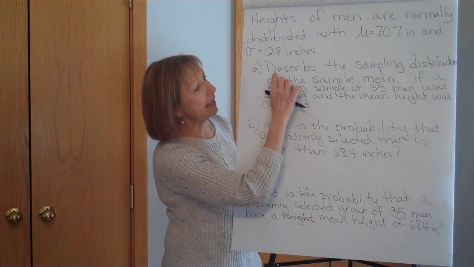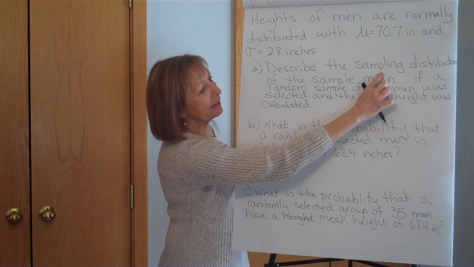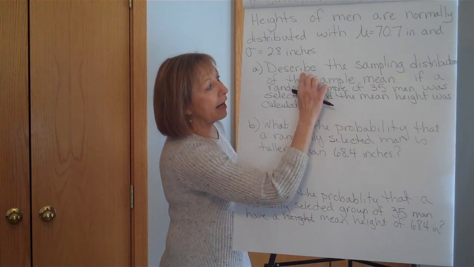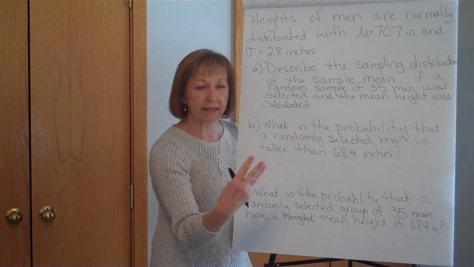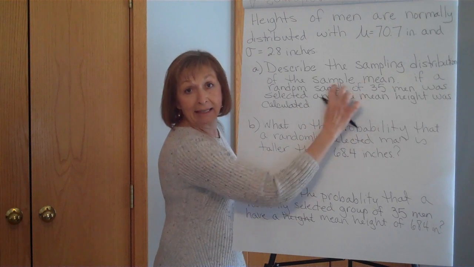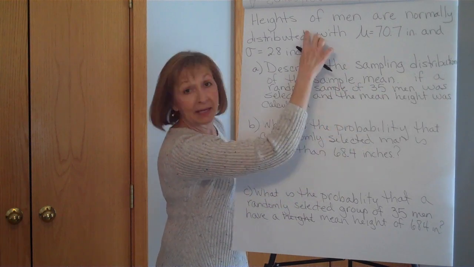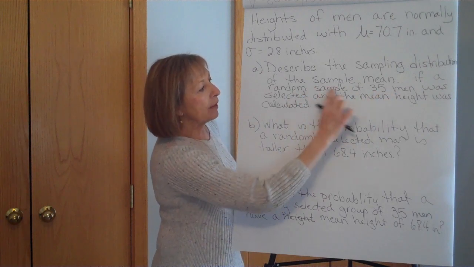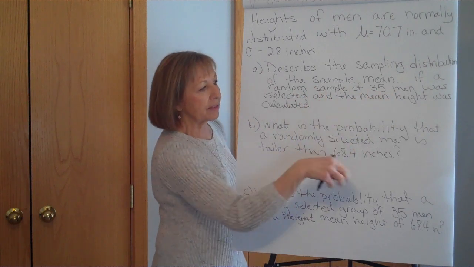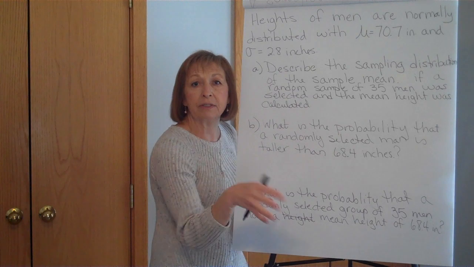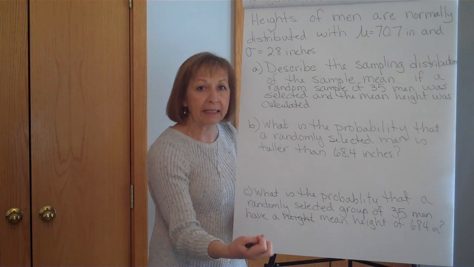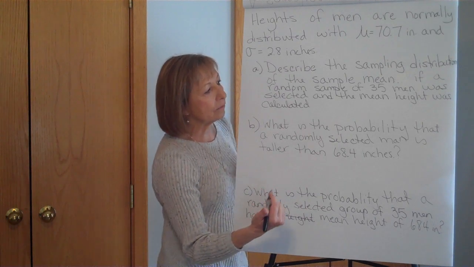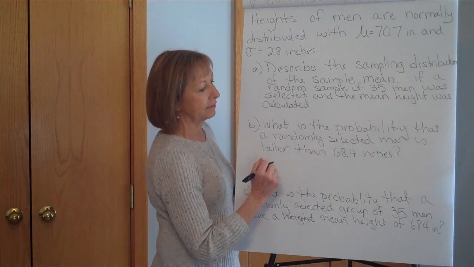Now this first part says describe the sampling distribution of the sample mean. So we want to describe shape, center, spread, the distribution of the x bars. Here, a random sample of 35 men was selected and repeatedly sampled, and I looked at all of the sample means of groups of 35 that were randomly selected with their mean height calculated.